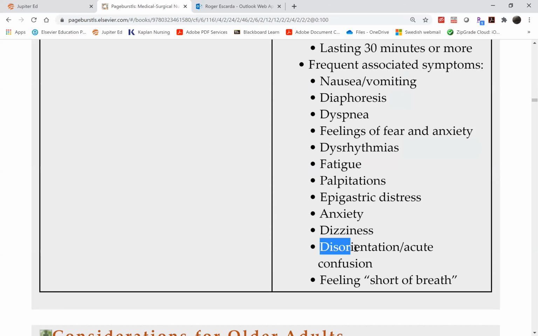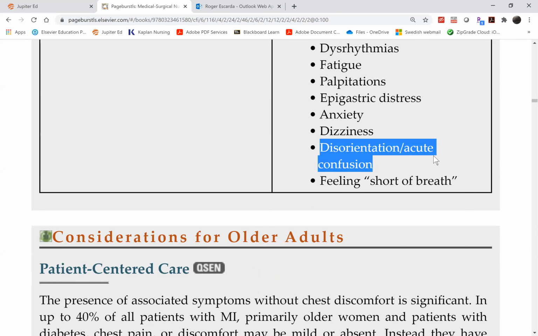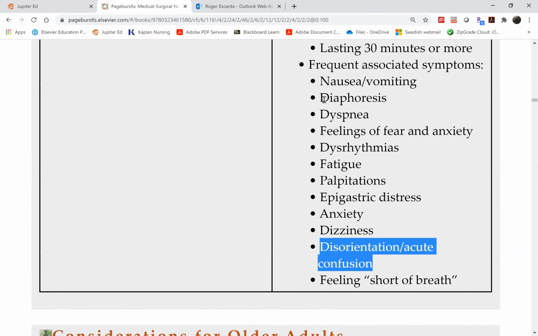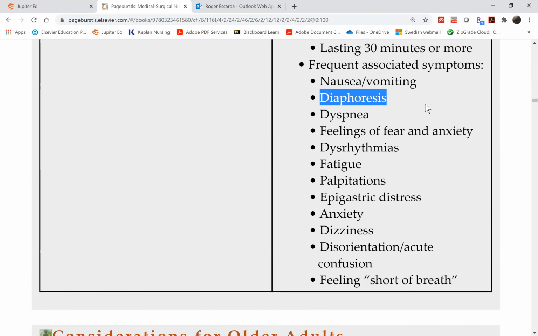So here, obviously no cardiac output or not enough to supply the brain. So the patient has some disorientation, anxiety, dizziness. And then the rest here are a combination of catecholamine effects as well as decreased cardiac output again. Like this one, for instance, the skin doesn't receive enough blood flow, so it will activate your sweat glands.